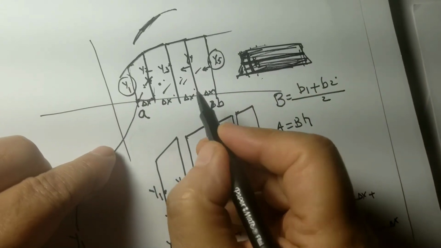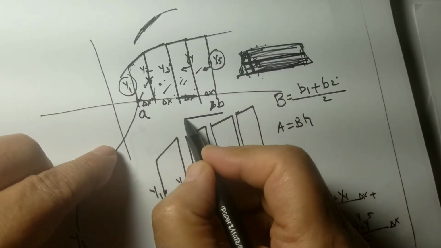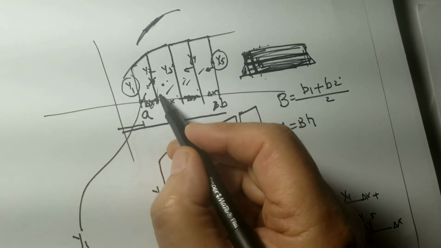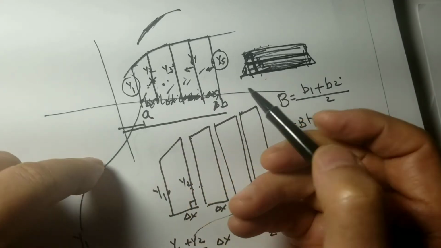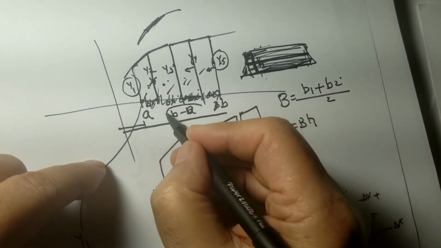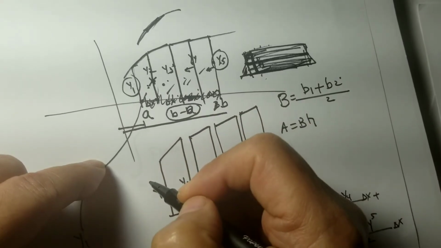Then what is your delta x here? You have to say, well, this is B, this is A, this is the sum of all the delta x.